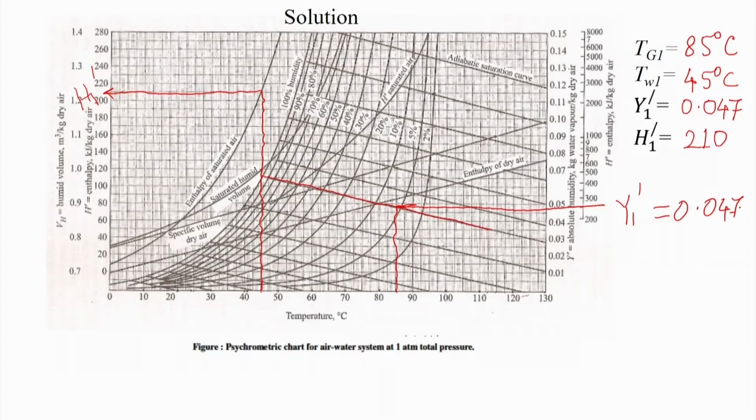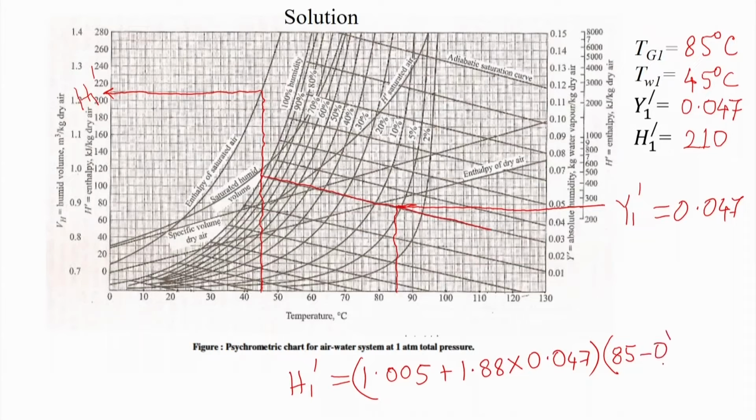H1 prime can also be obtained from the humidity, as discussed earlier. H1 prime is equal to 1.005 plus 1.88 into Y1 prime, that is 0.047, into Tg minus T0, where Tg is 85 and the reference temperature T0 is 0, plus 2500 into 0.047.